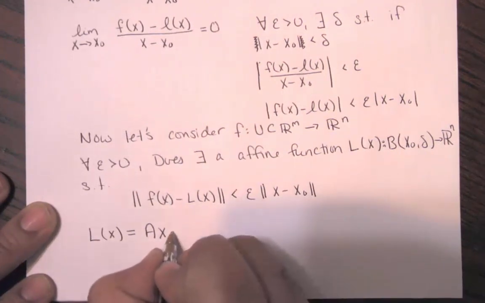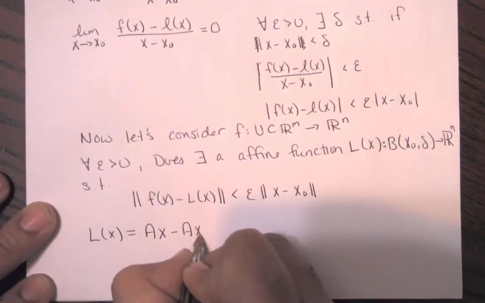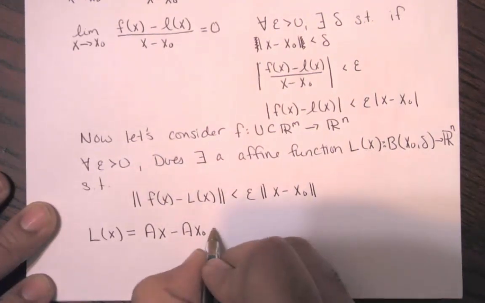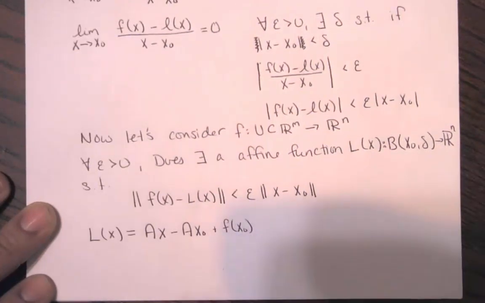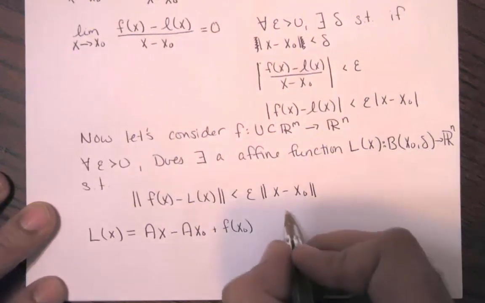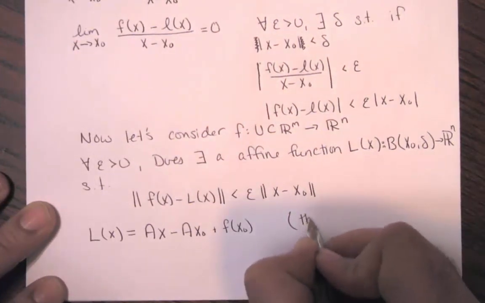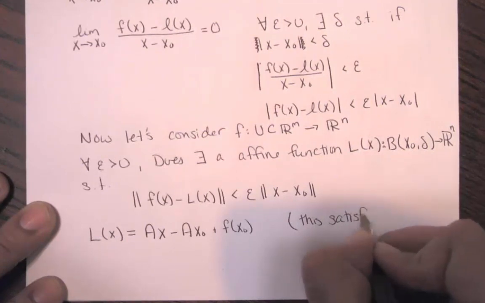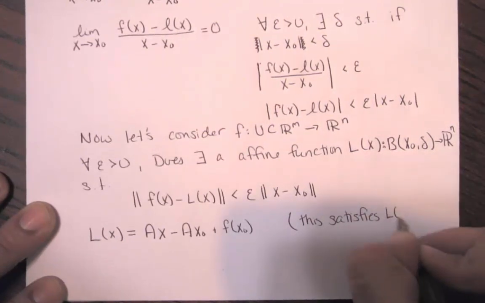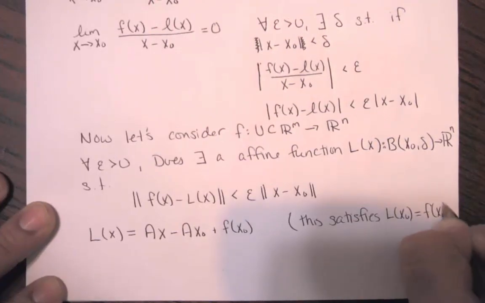So let me subtract A times x naught and add f of x naught. Now this satisfies L of x naught equals f of x naught, which must be true.